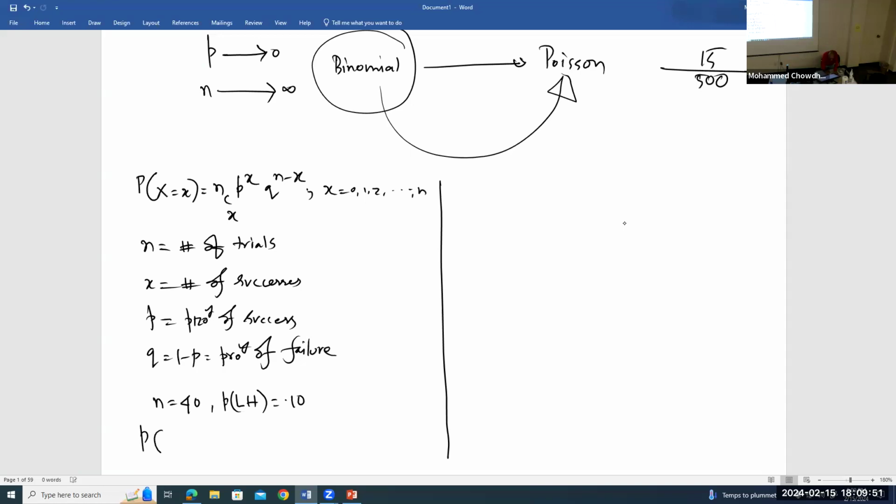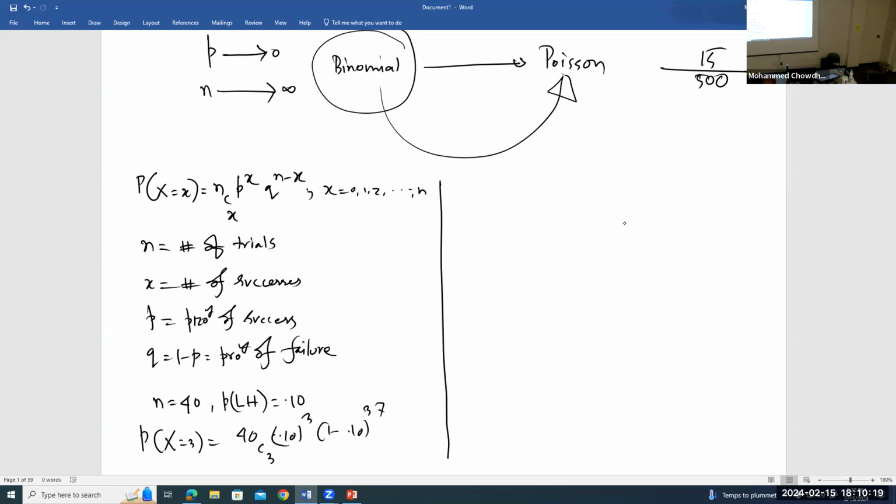What is the probability that exactly 3 students are left-handed? 40 choose 3, times 0.10 to the power 3, times 1 minus 0.10 to the power 40 minus 3, which is 37, right? You understand these things? Am I going too fast? Clear? That is the binomial distribution.